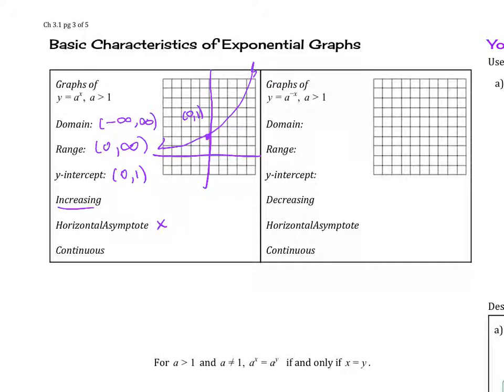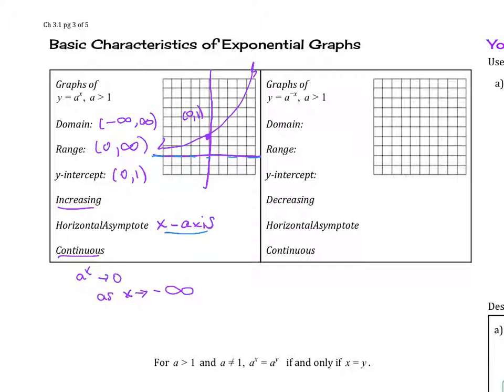We have a horizontal asymptote on the x-axis. It's a continuous function. And then another thing I want to mention is that a to the x approaches 0 as x approaches negative infinity, right? As it approaches negative infinity, the function approaches 0.